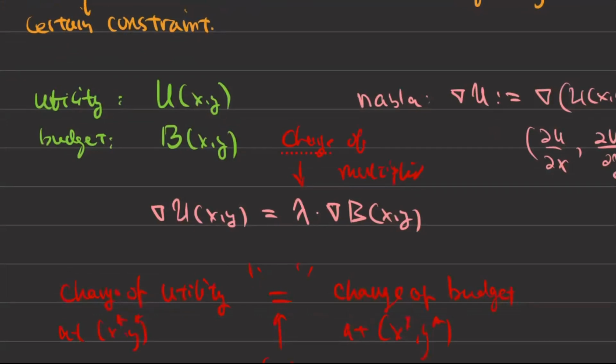So with that being said, let's plug the equations into this methodology and see what we're working with. Recall the utility function u, which is a function of x and y, is defined as a product of x and y, so x times y. And also recall our constraint function b of x and y, which is equal to x plus 2y.